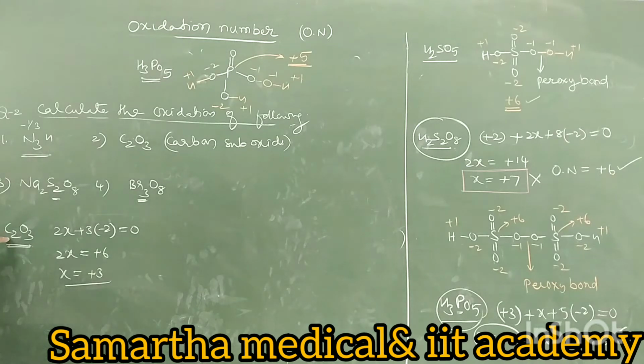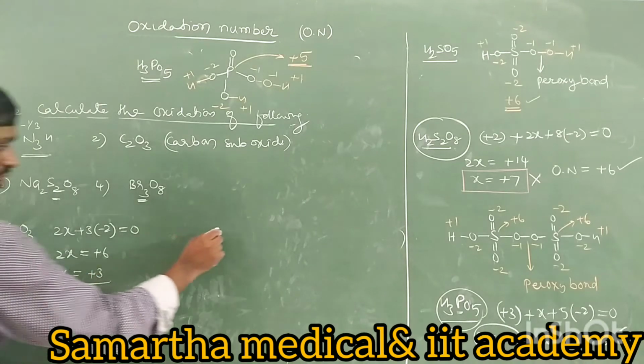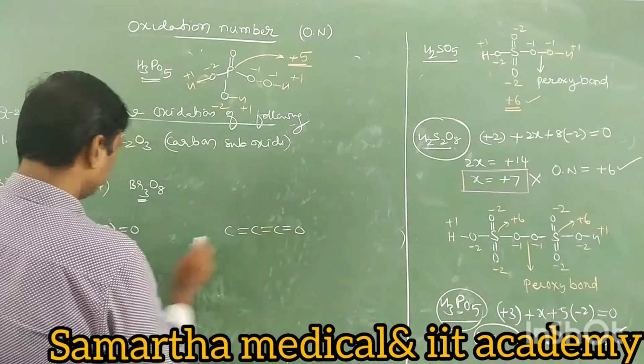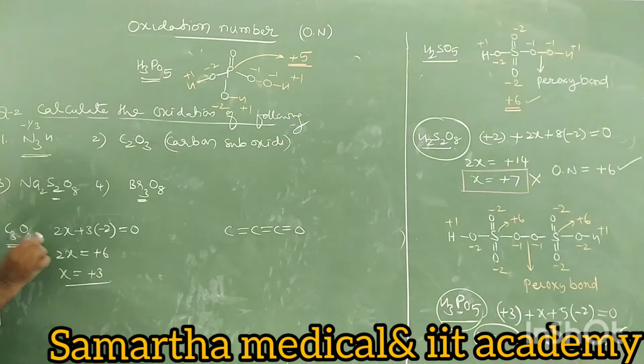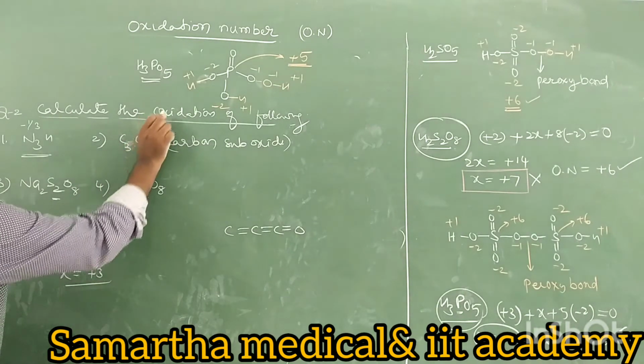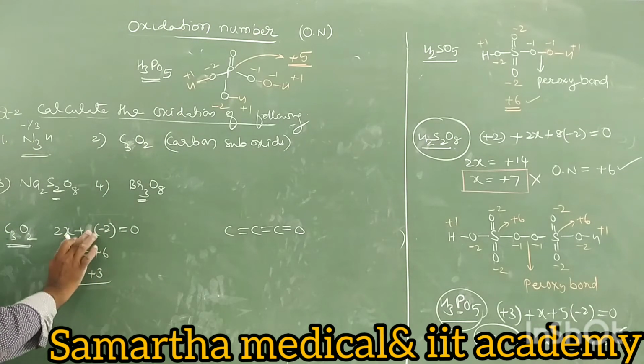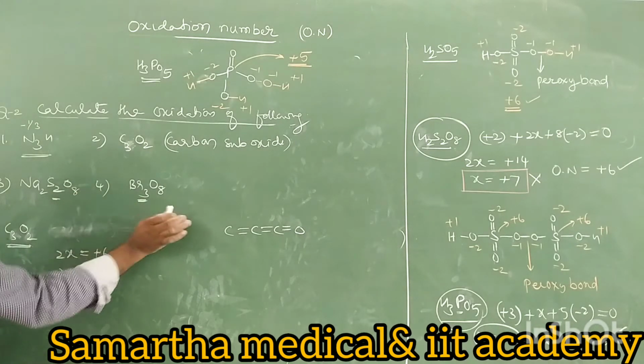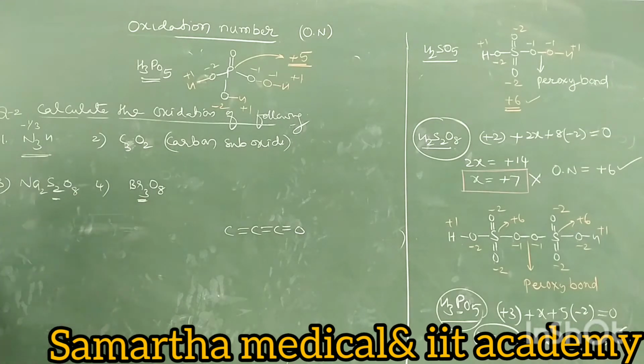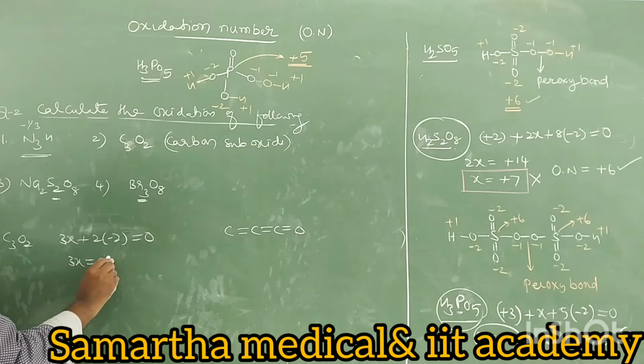No, not 2 carbon, 3 carbon, sorry. C3O2, 3x plus 2 into minus 2 equal to 0. 3x equal to plus 4, x equal to plus 4 by 3.